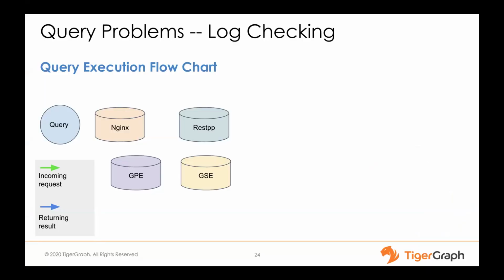To understand the log, we need to touch a little bit on the system architecture, like how the query executes, right? First, when the user sends a query, the first stop is Nginx. Nginx is our web server, and the web server forwards this query to the REST-PP service. You can think of it as the load balancer, right? It will do two things.